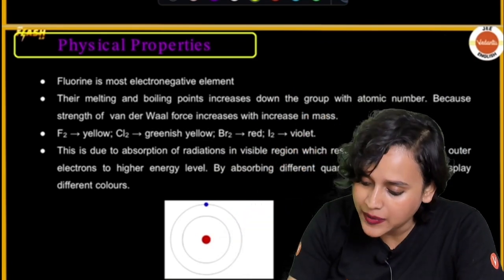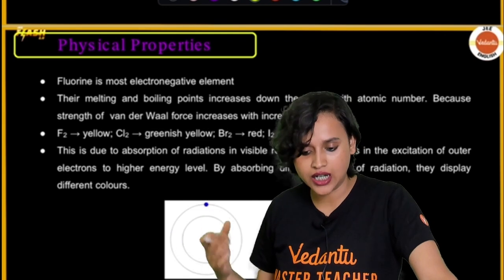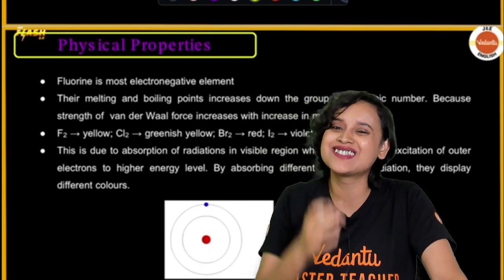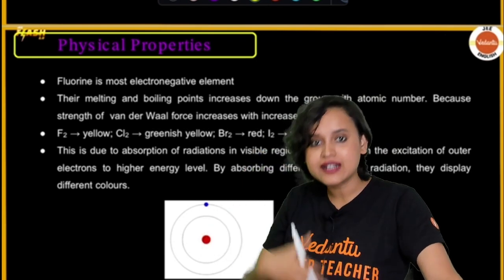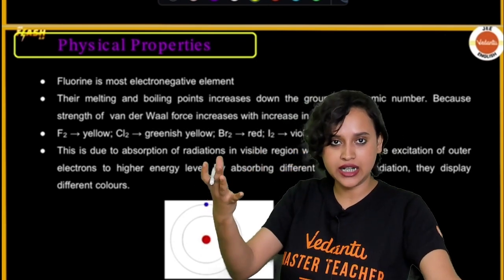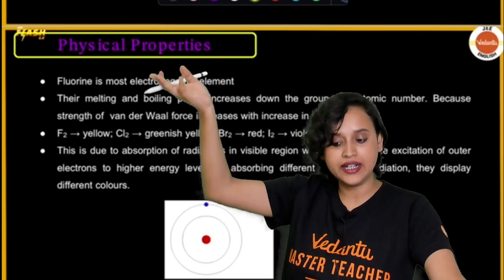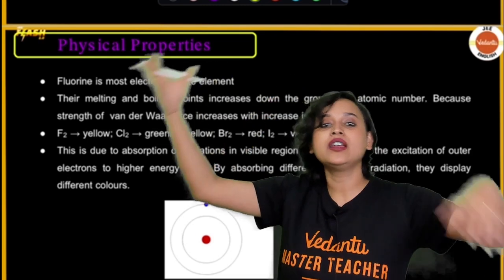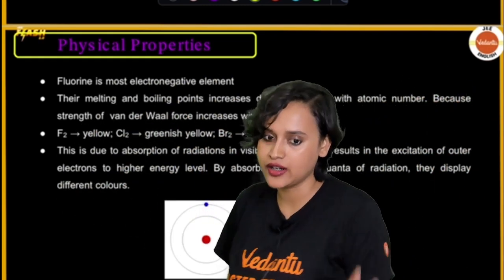I just told you that all of these elements show different colors. Do you know why? Because they can absorb radiation in the visible region, and that results in the excitation of the outer electrons. The last electrons can get excited, they go to a higher energy level, and by absorbing different quanta of radiation, they can display different colors.